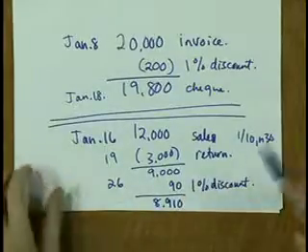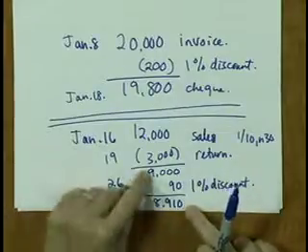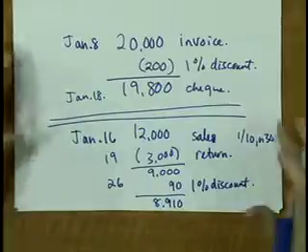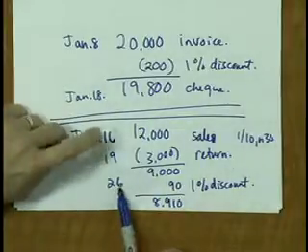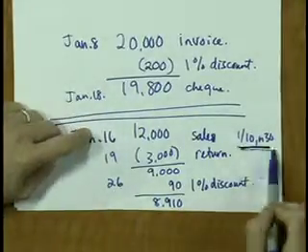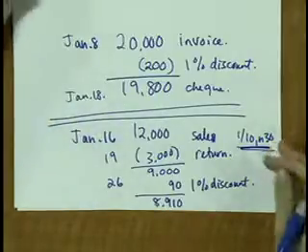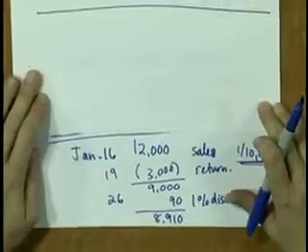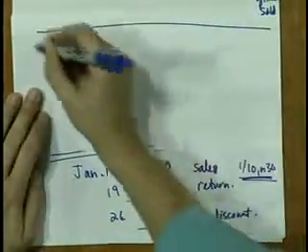Right. So that's how much cash they're going to get to settle the account receivable of $9,000, because they are paying within the discount period. So they do get the 1% discount. So, can you see that? Yep.